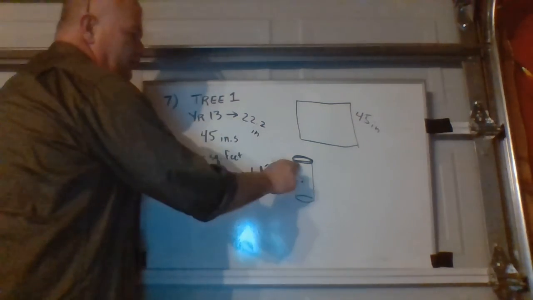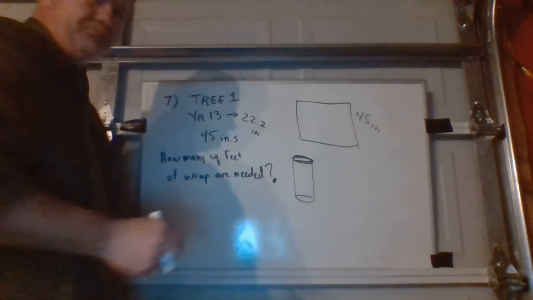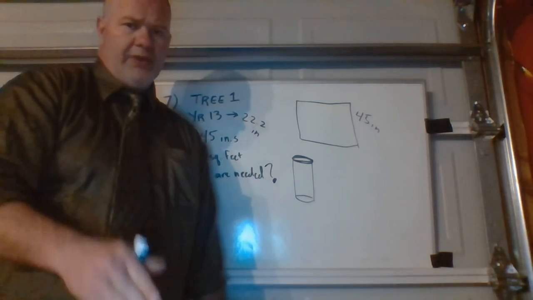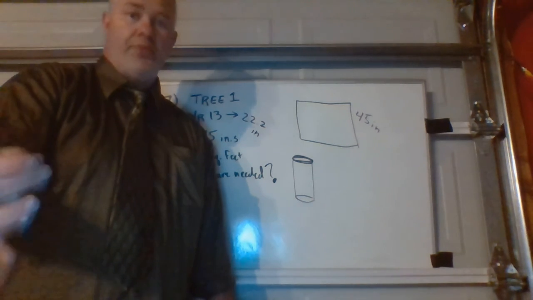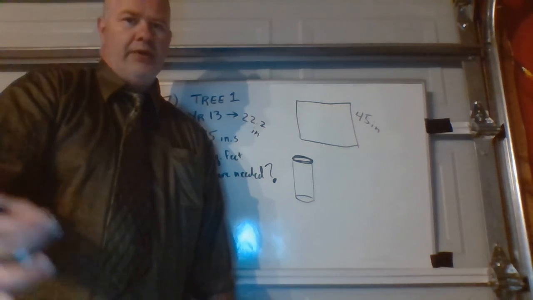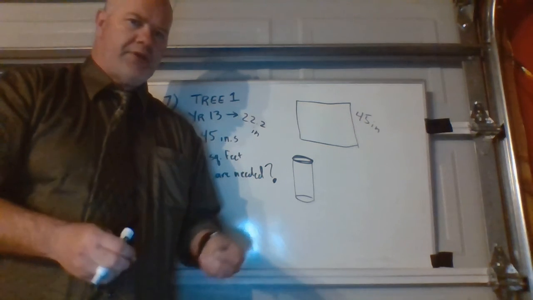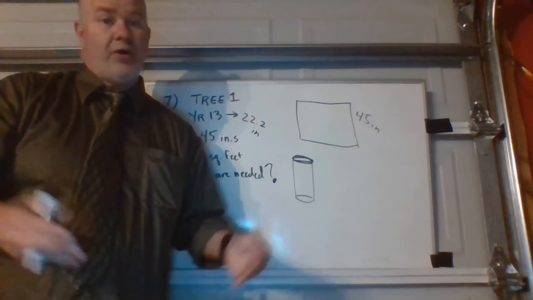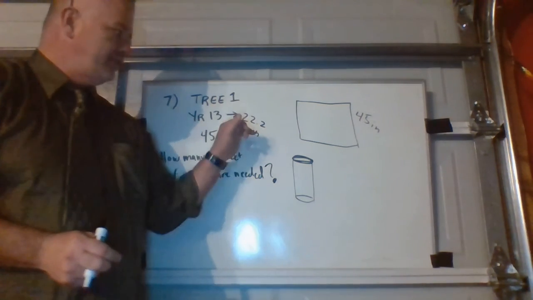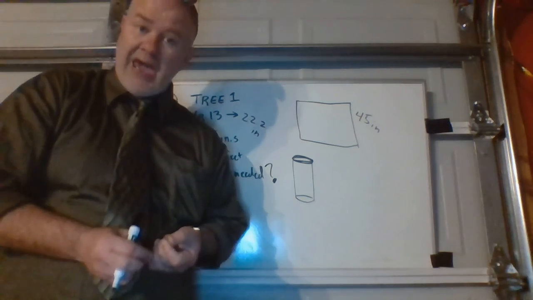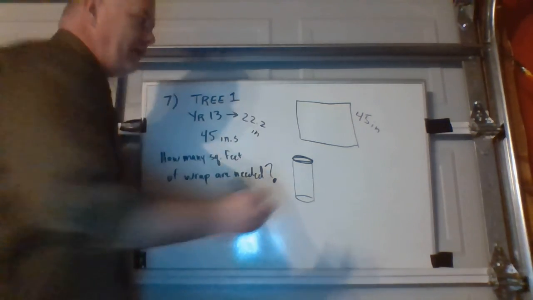Now, we're given the diameter. One of the things that we can do right away is turn that into the radius. In every situation with a circle, we know the diameter is always twice as long as the radius. So if we take that 22.2 and divide by 2, we get 11.1.